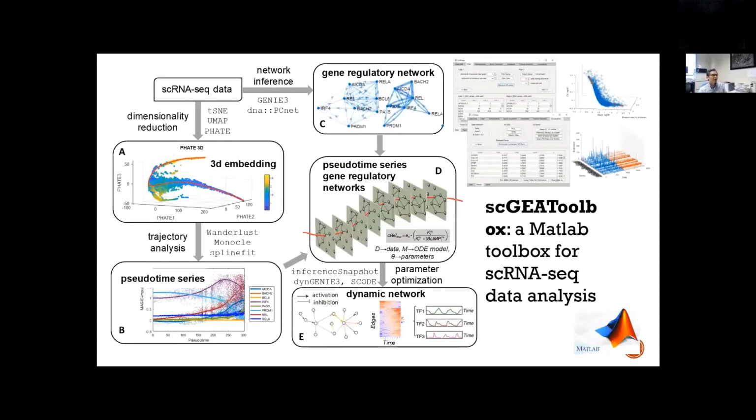So let's give you some idea what we can do with single cell data if you have one single cell data sample. We haven't talked about any comparison. This is just one person, one sample. You have thousands of cells that have been measured. You can do dimension reduction, so you can visualize the similarity between cells.